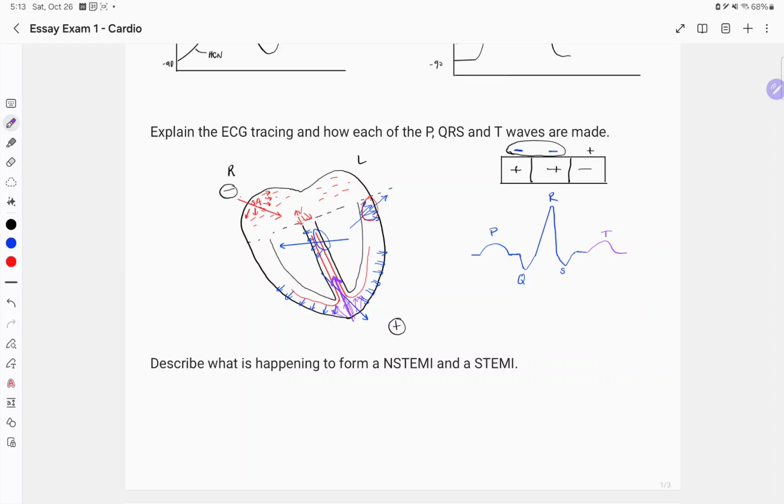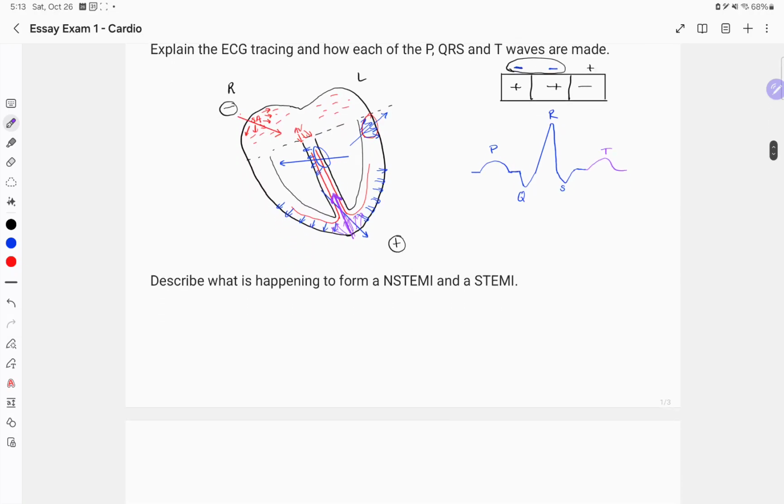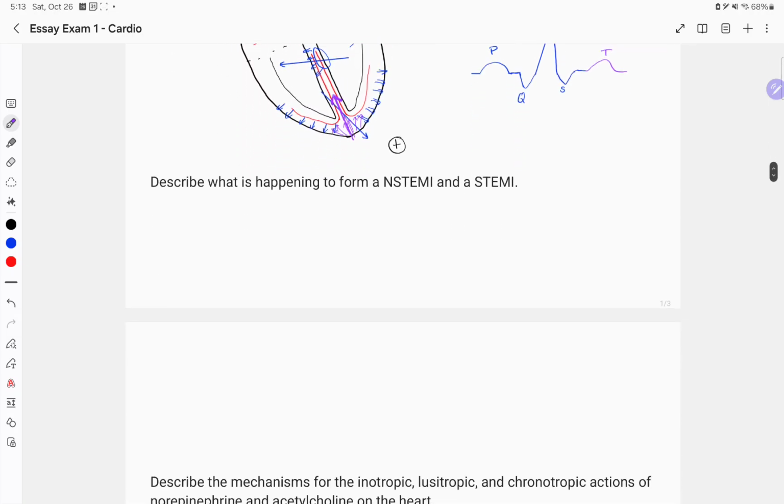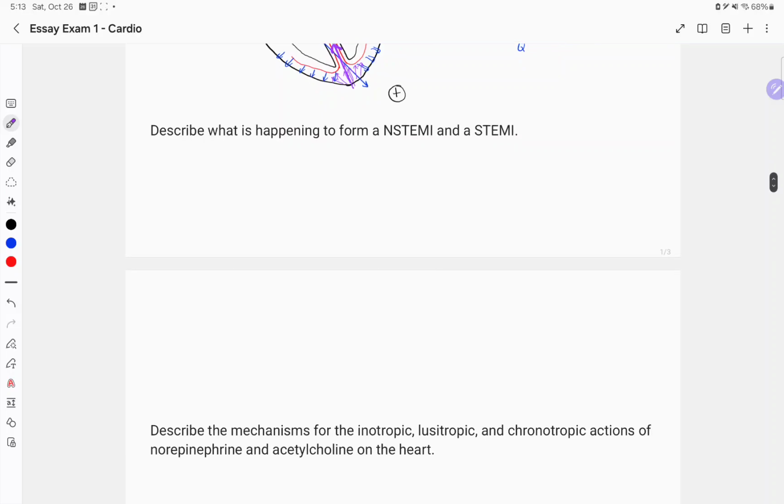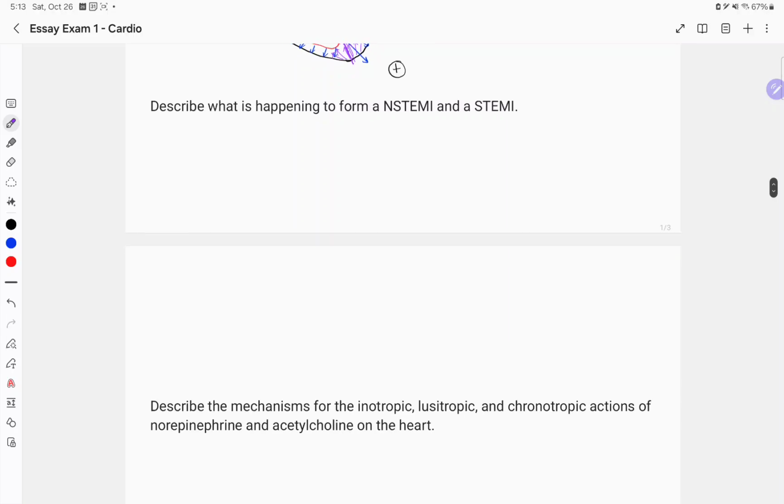So that's an ECG tracing, and that's how these different waves are made from the heart. So keeping that in mind, we're going to move on now to STEMI and NSTEMI and look a little bit about how those events occur in the heart.